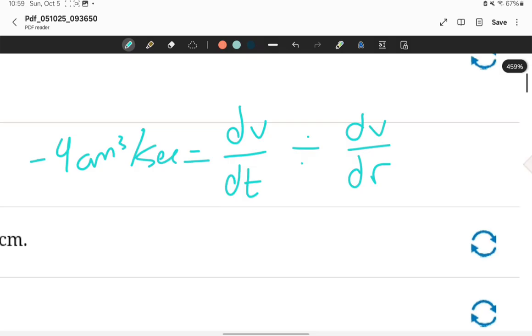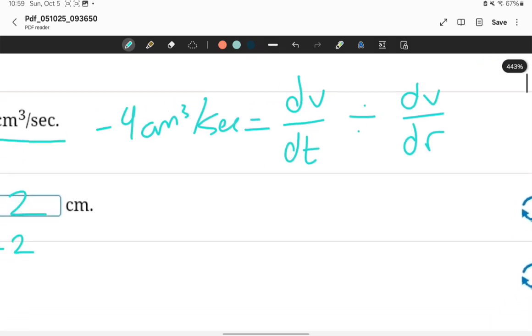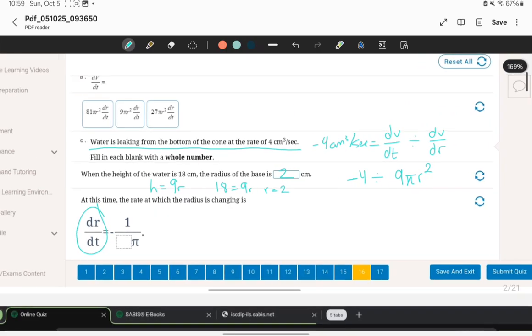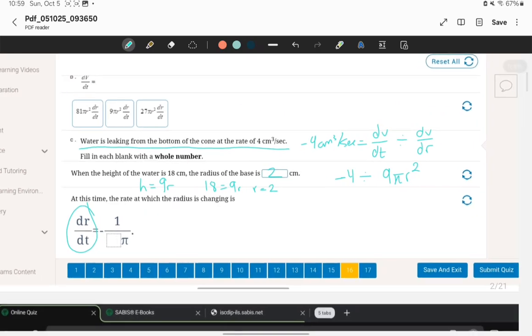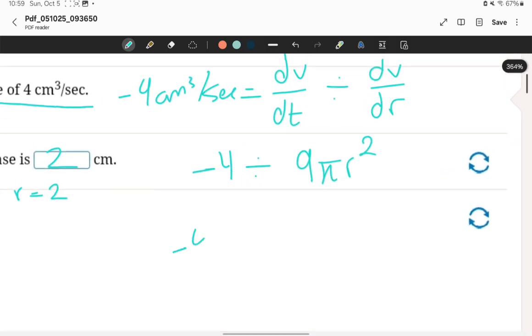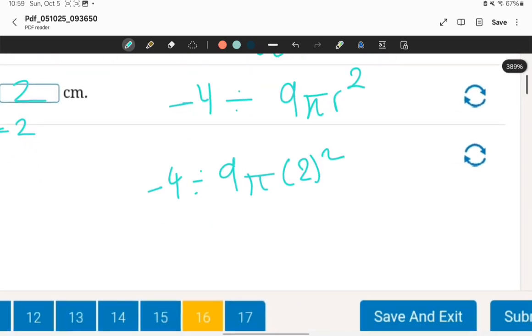Now we have both of the values, right? So we can substitute: dV/dt is -4, divided by 9 pi r squared. They said the radius is 2, so it's -4 divided by 9 pi times 2 squared. After you simplify this on your calculator, you get -1 over 9 pi.